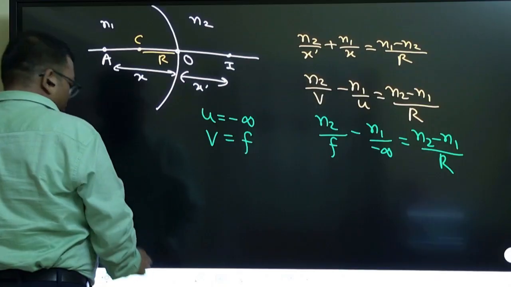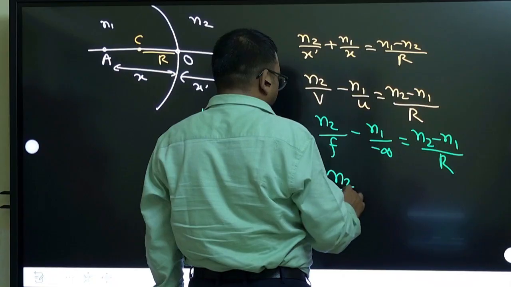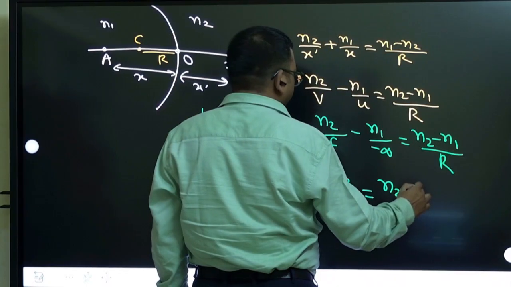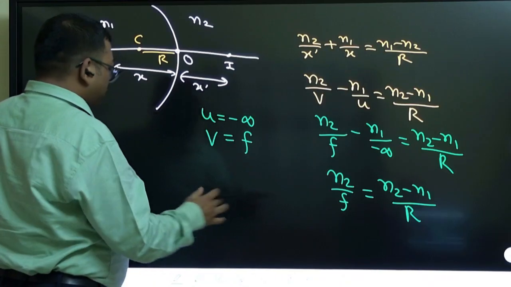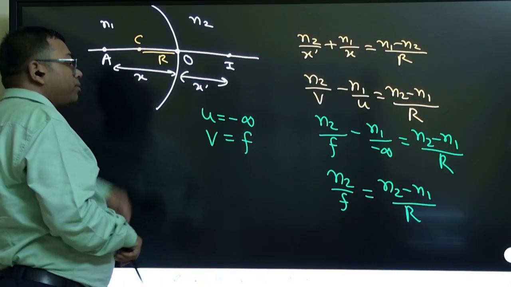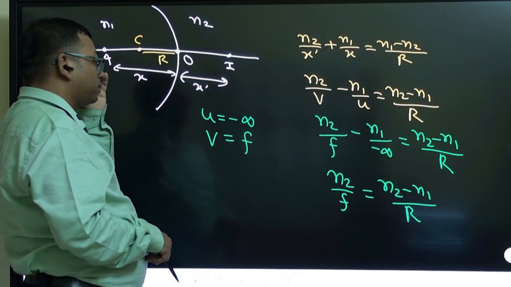So from here, n2 by focus, this becomes 0, is n2 minus n1 by r. Of course, we can calculate the focal length from here.